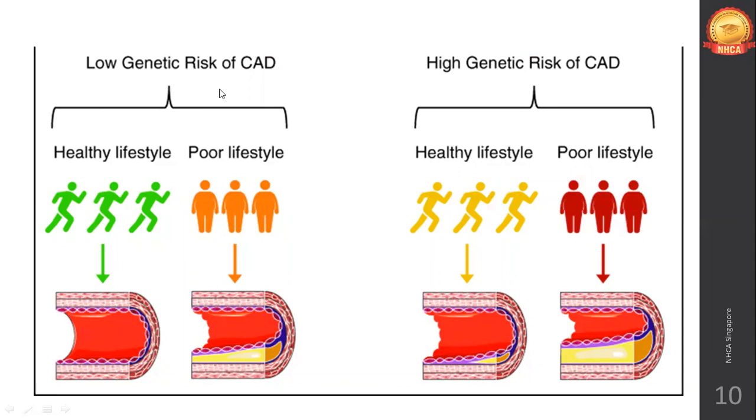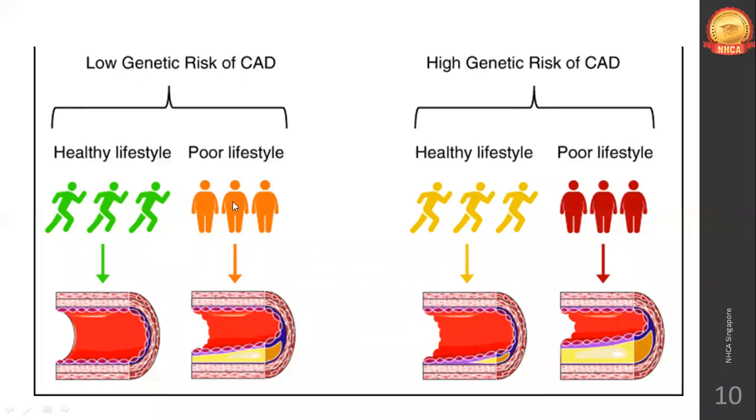People who have a low genetic risk, who do not have a family history of any coronary artery disease, and when they follow a healthy lifestyle, this is the dissection of the arteries and veins, how they look. There is no plaque accumulated in the arteries, so they will not get any coronary artery disease.